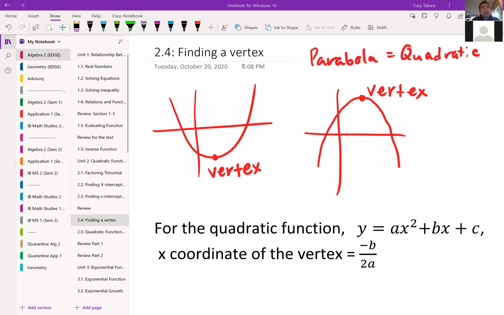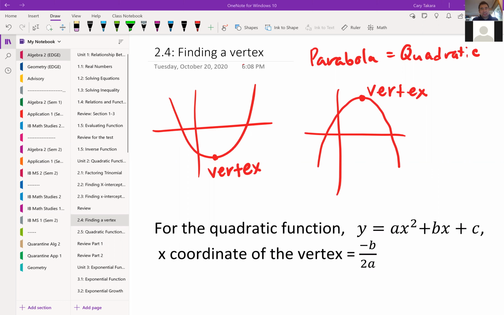Now, if I ask you to find the vertex, what is your answer going to look like? How would you express a vertex? What do you guys think? I don't know if my question was clear enough for you to answer.